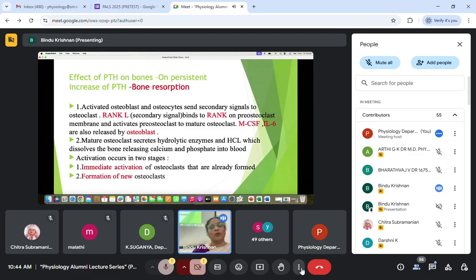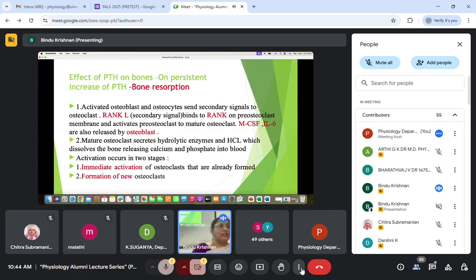Then what is going to happen to the bones? Whenever there is a persistent increase of PTH, then what we discussed now: more RANKL when compared to OPG, RANK and RANKL interacting, release of HCl and lysosomal enzymes. So bone resorption is going to happen, and I'm going to get release of calcium and phosphate into the circulation.